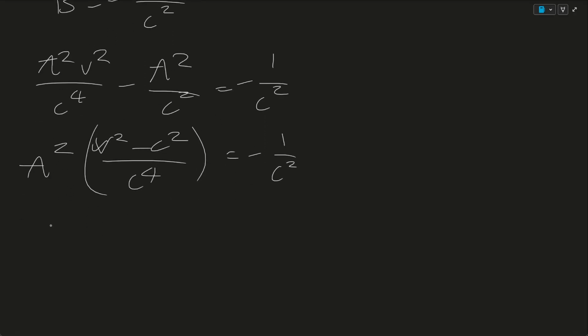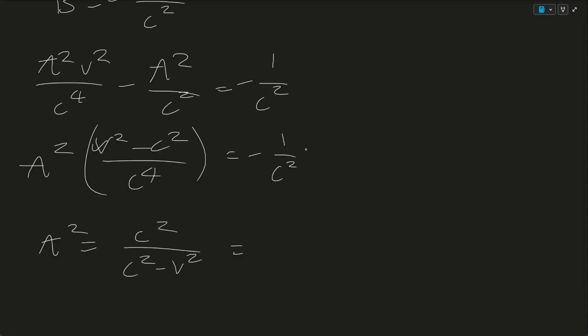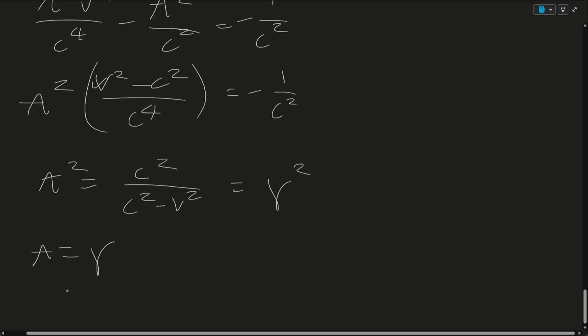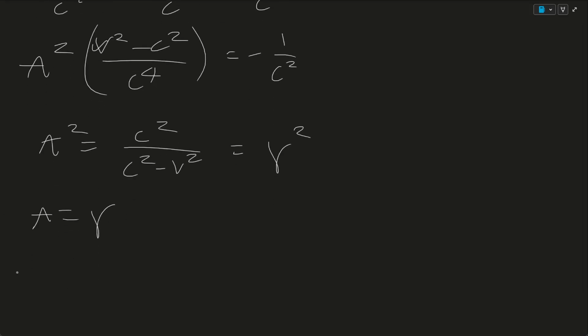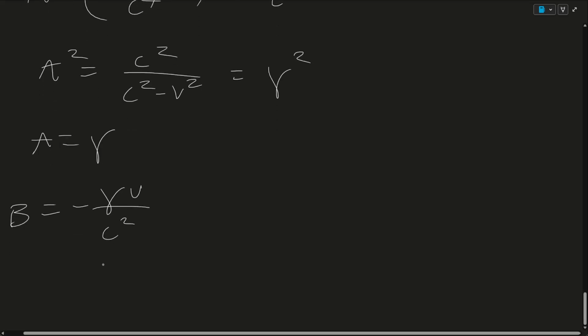And then pull that over, a squared is equal to c squared over c squared minus v squared, which is just 1 over 1 minus v squared over c squared, so it's just gamma squared. So a is also gamma. Whoa! And b is minus gamma v over c squared.